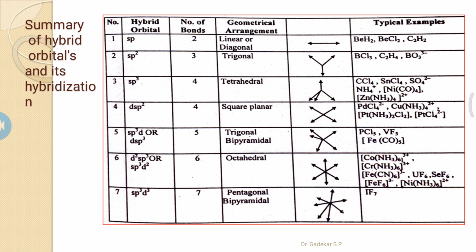Similarly in sp2 hybrid orbitals, 3 bonds are involved and the geometrical arrangement is trigonal planar, and typical examples are BCl3, C2H4 ethylene and BO3 3 minus.